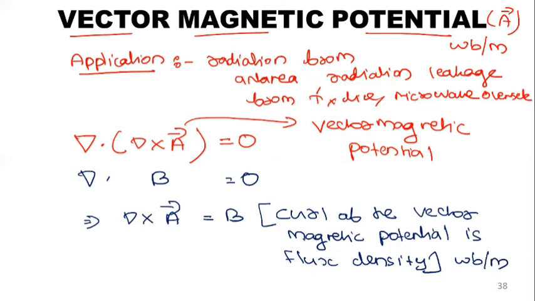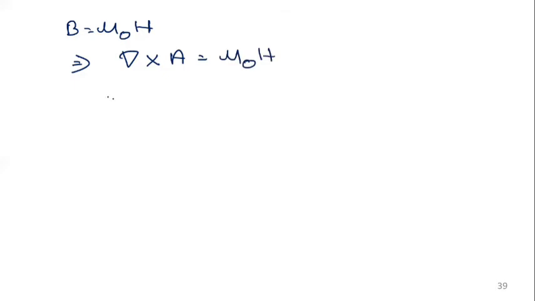Then also we know that it's all about equations, okay? Also we know that B is equal to mu 0 into H. Then we can write del cross A is equal to B. That B we can replace by mu 0 into H. Then from there H is equal to 1 by mu 0 into del cross A. That is one equation.